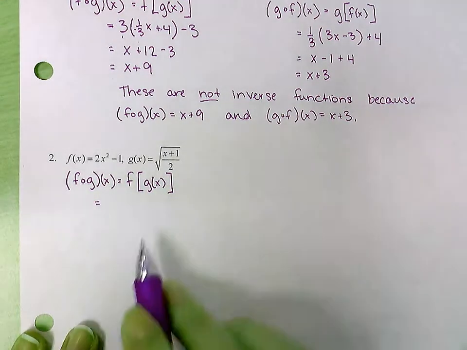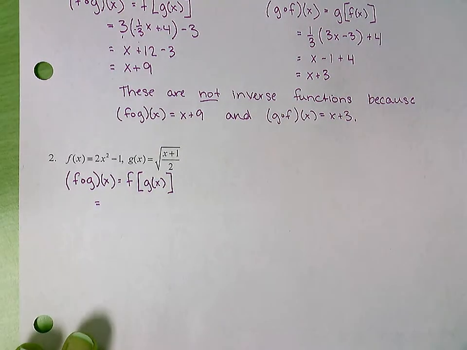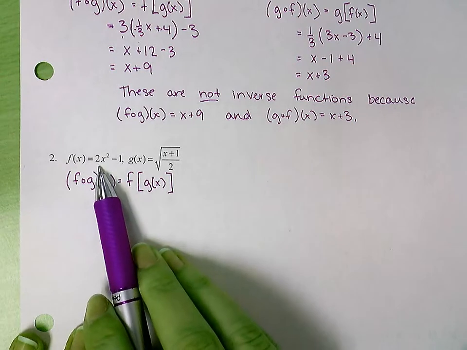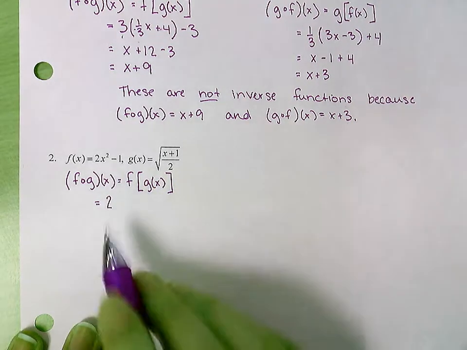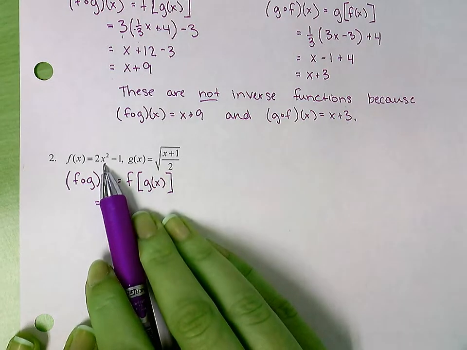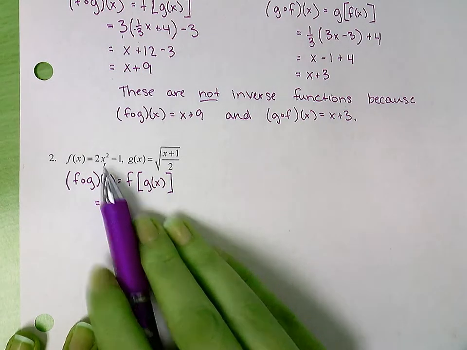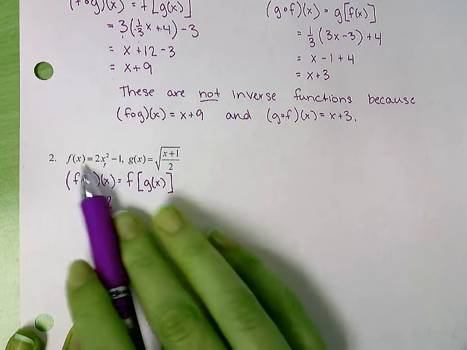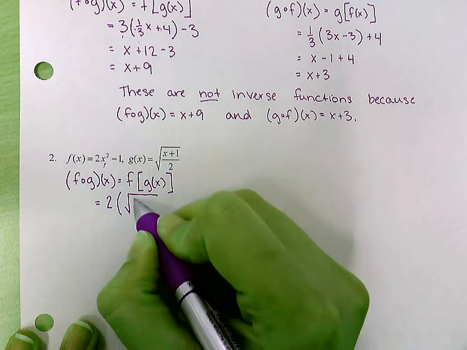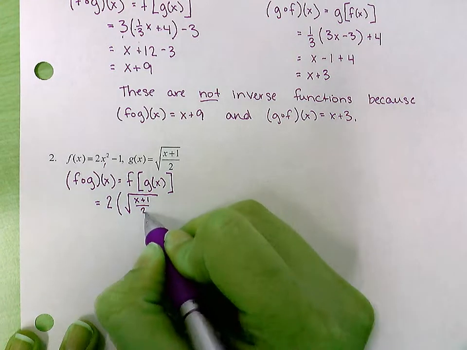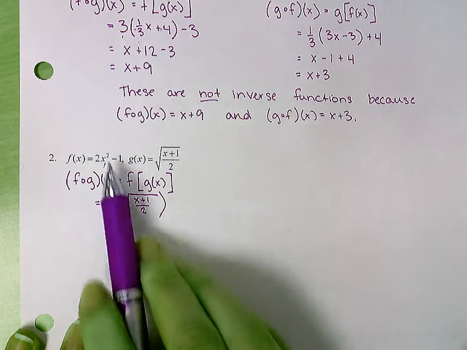Since I'm plugging into the f function, I need to look to that function. It starts with 2. Then we go to an x value here. I need to plug in what I have for g of x in for that x. So we have the square root of x plus 1 over 2, and that quantity.